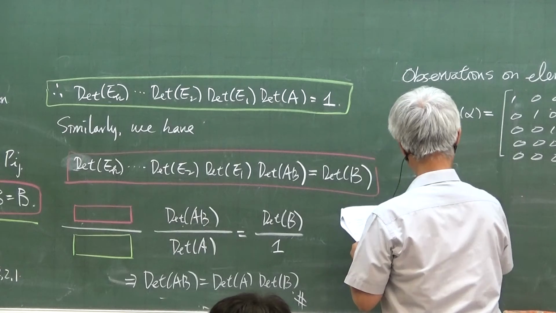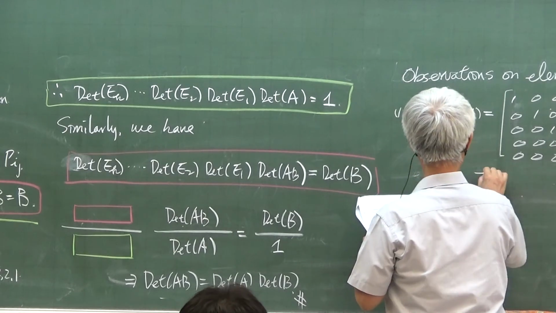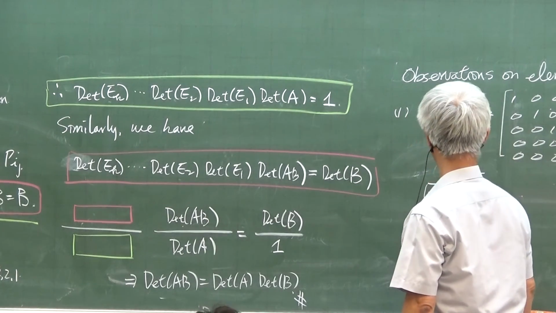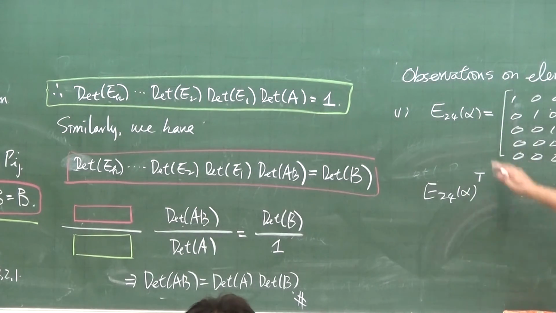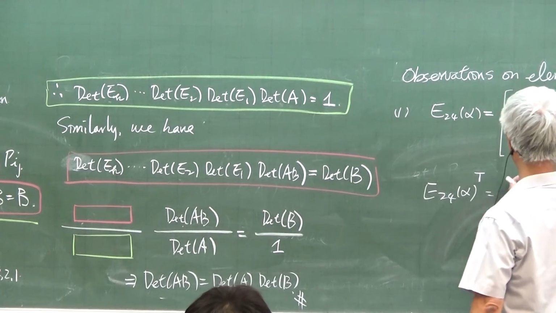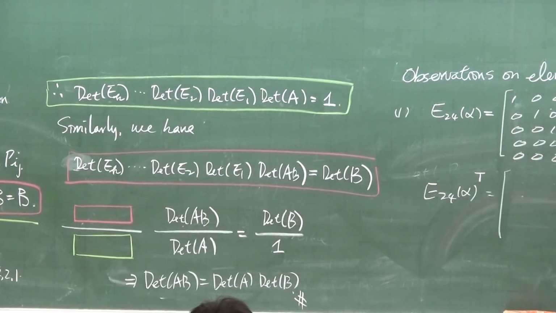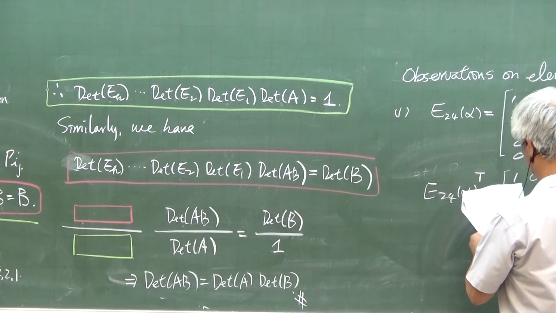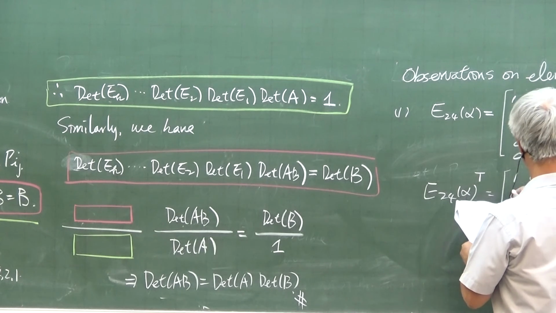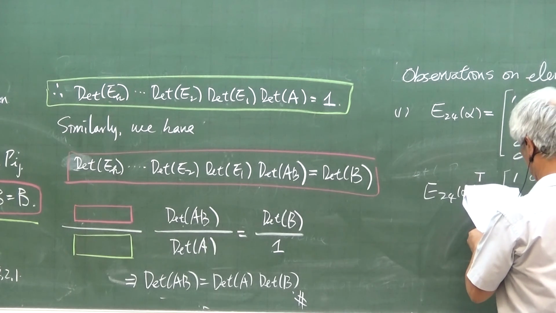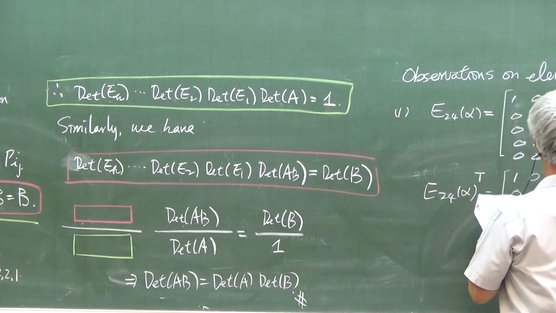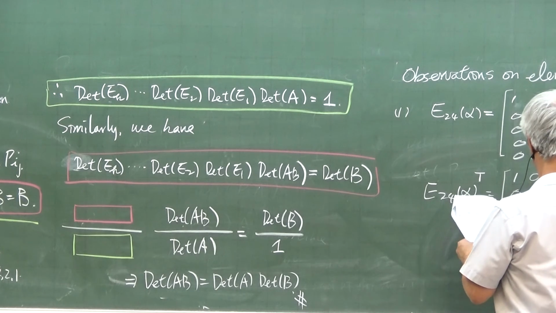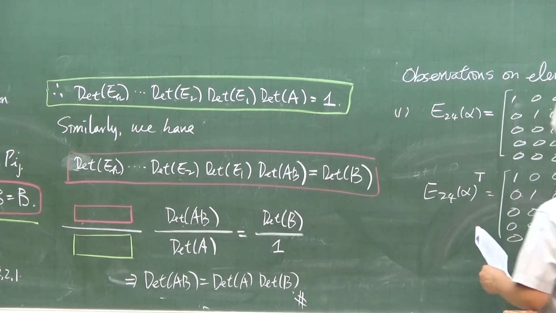How about the transpose? So the next question is about the transpose of this elementary matrix. When we take the transpose, what is that?